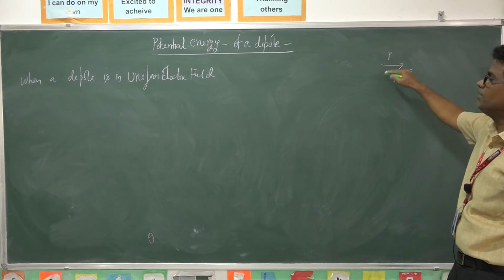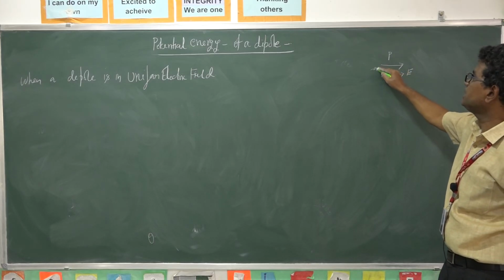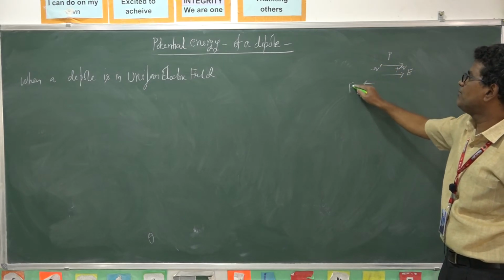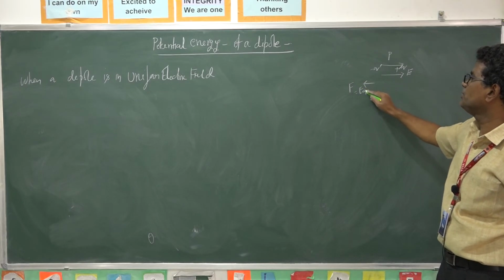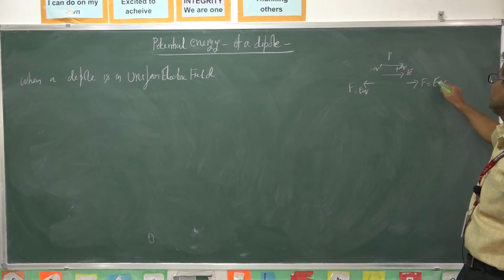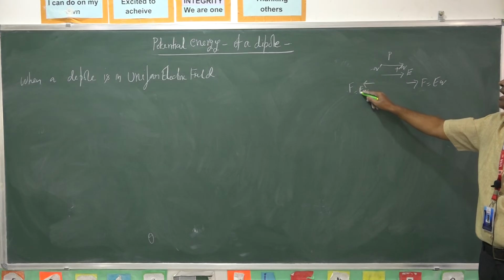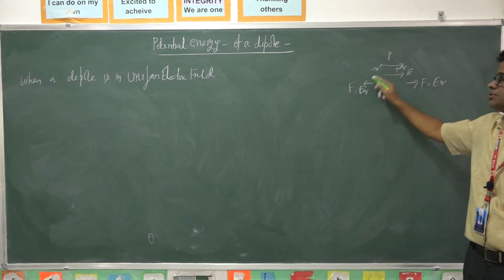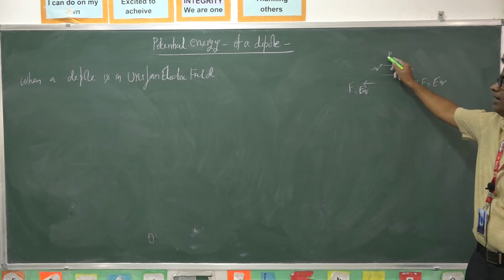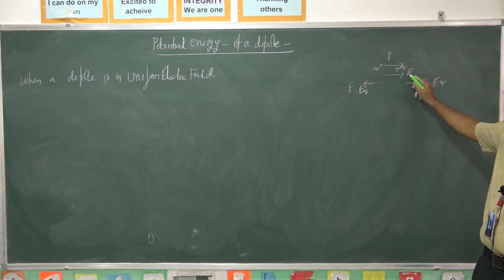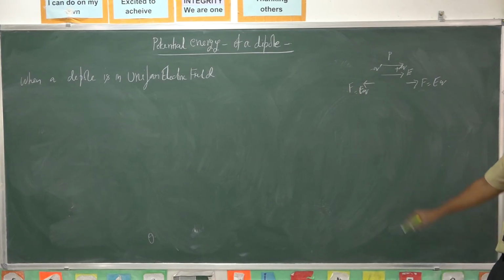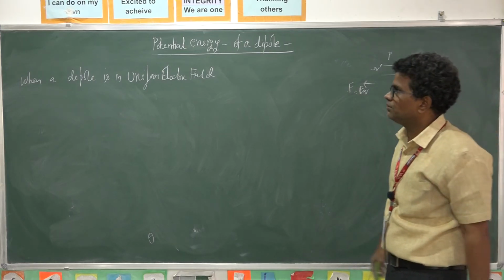The force acting on it will be 0, because this dipole is minus q, plus q. The force on the negative charge is EQ in this direction. On the positive charge, the force will be in the opposite direction, with magnitude EQ. These two forces are equal in magnitude and opposite in direction, so they cancel each other. Thus also we can argue that the force acting on a dipole placed in a uniform electric field, parallel or in any position, is 0.